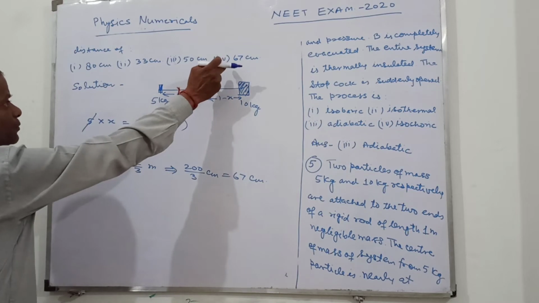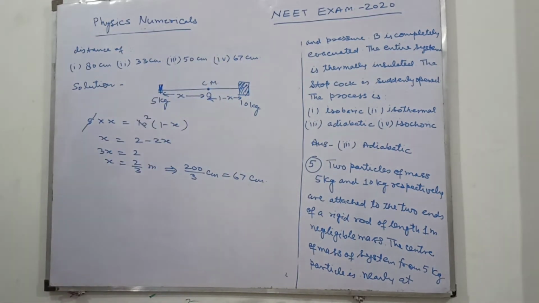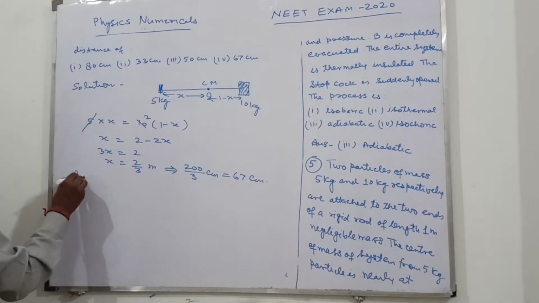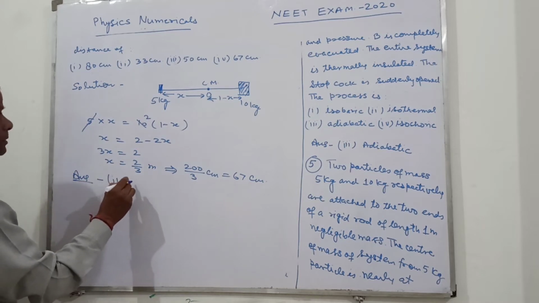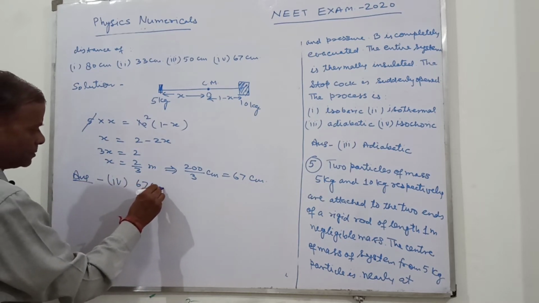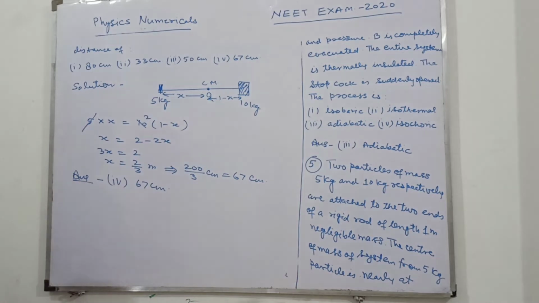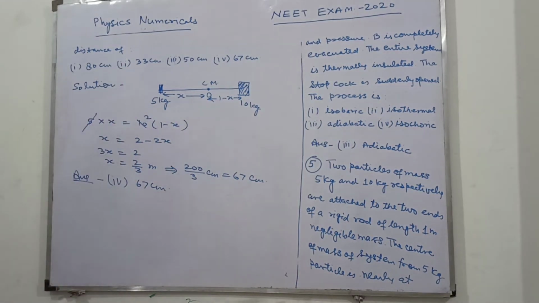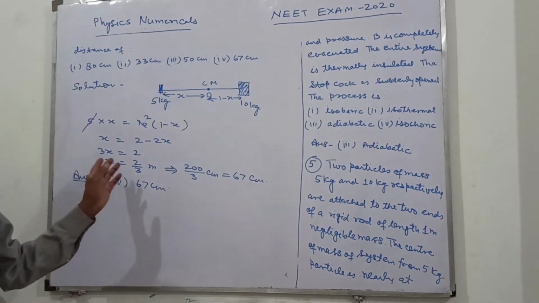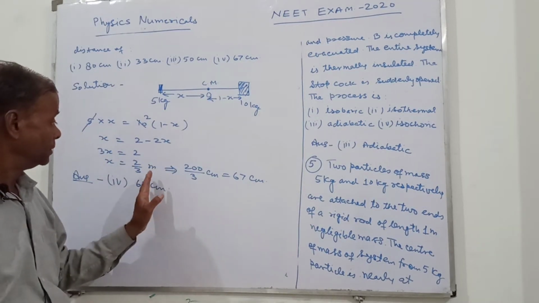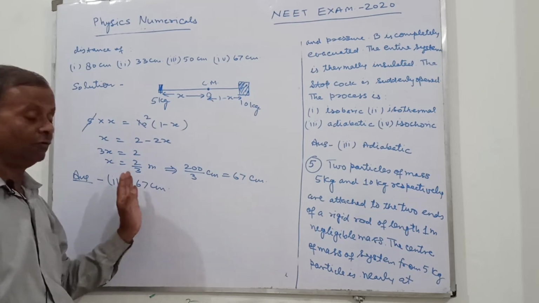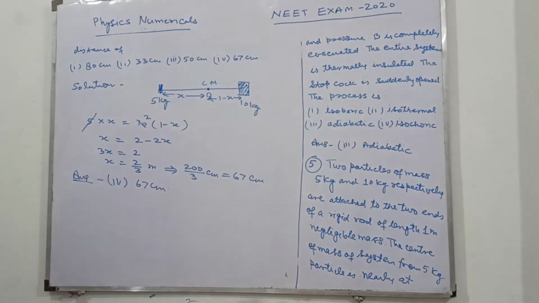So the right answer is the 4th. This question has been taken from the chapter of rigid bodies, and the answer is 4th, 67 centimeter. In this way, with a little calculation based upon your understanding, you can find the value of x or the center of mass.